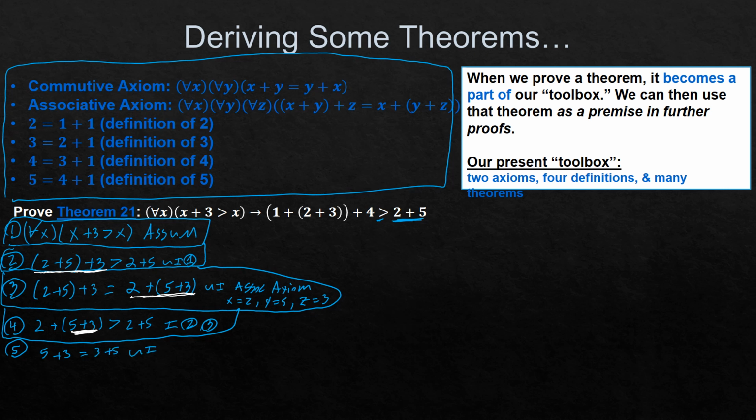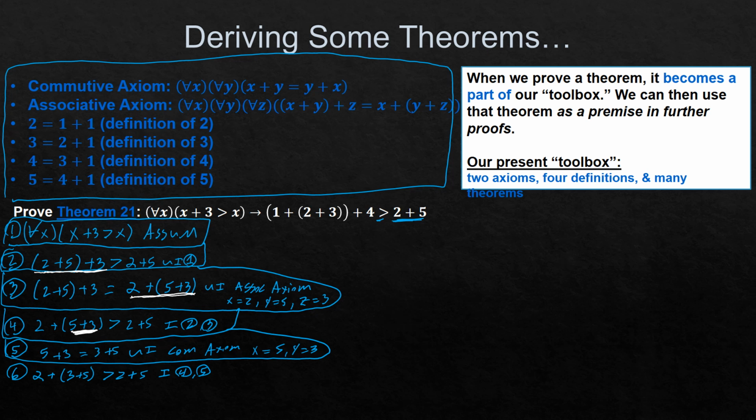Universal instantiation of our commutative axiom that x equals 5, y equals 3. And then we can resort to the identity rule to get the 2 plus parentheses 3 plus 5, close parentheses, is greater than 2 plus 5, with the identity rule with lines 4 and 5.